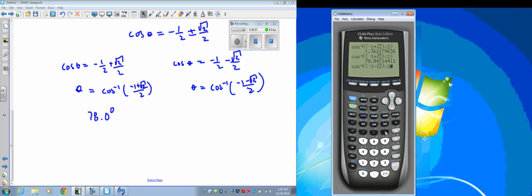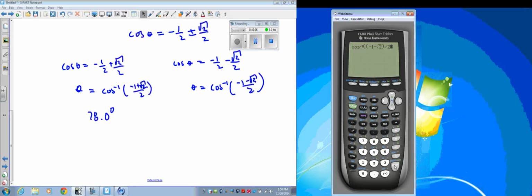I got the right amount of brackets. It doesn't work. The square root of 2 is 1 point something, so you got a negative 2 point something divided by 2.